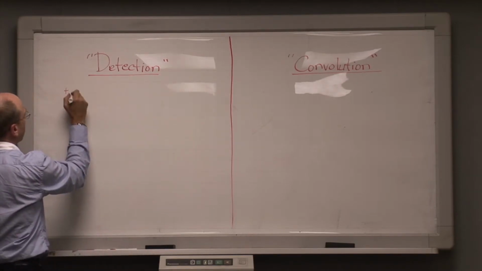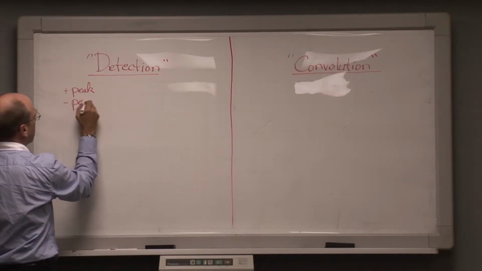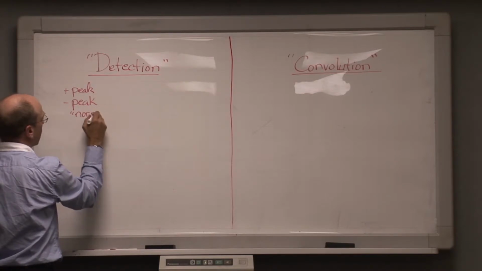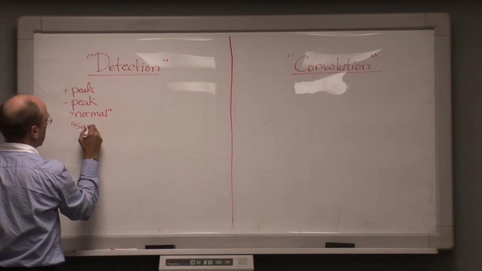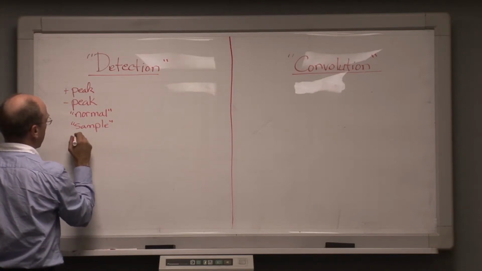Again, the detection techniques that we have are positive peak, negative peak, so-called normal, so-called sample, and root mean square.